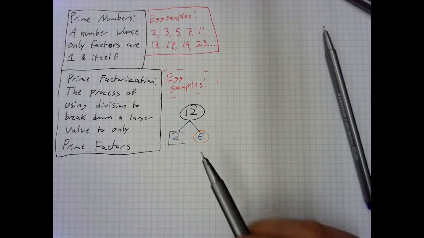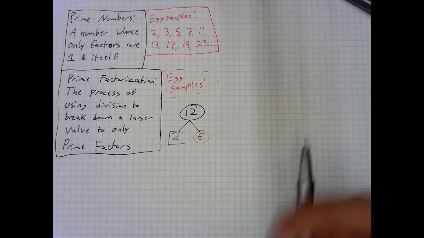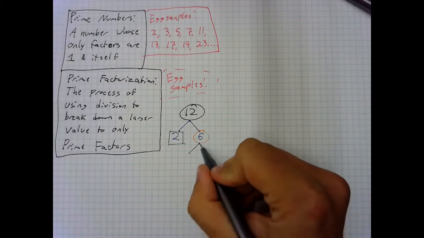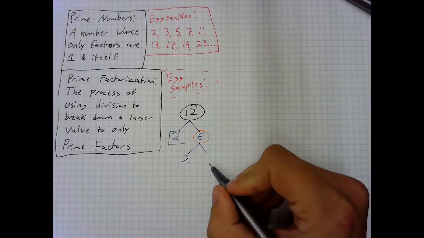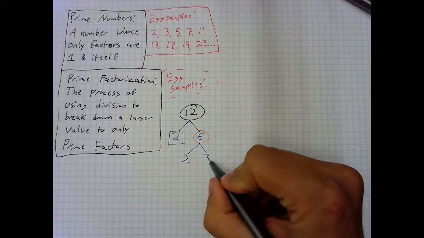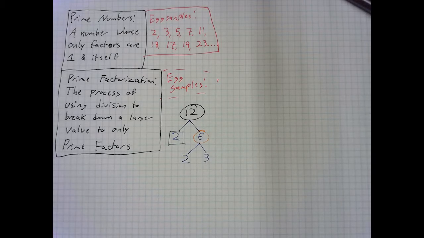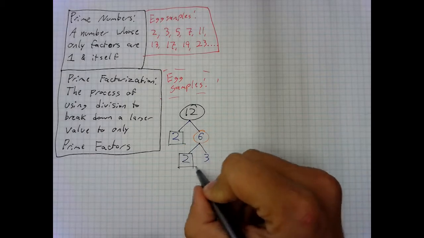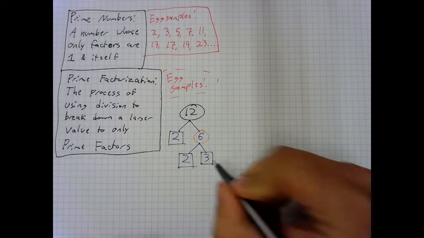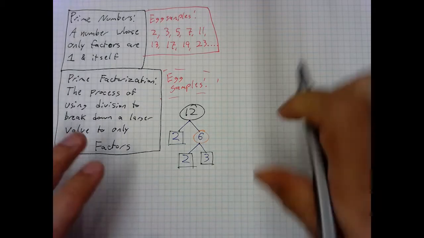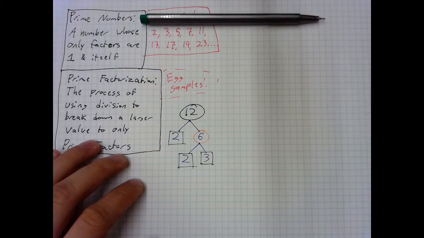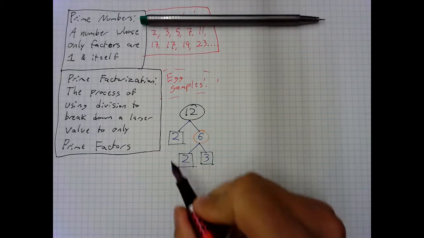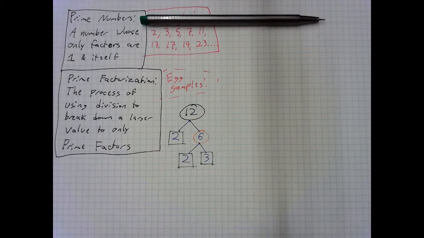At this point, we're going to continue. 6 can be divided, once again, by 2, which will give me an answer of 3. This time, however, both of my numbers are prime. So, we are going to put both of them into boxes. My final answer for this problem is then going to be everything inside those boxes in a multiplication problem.